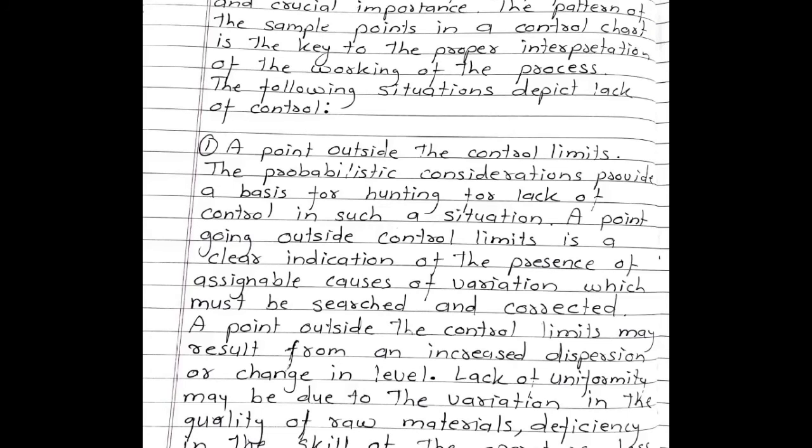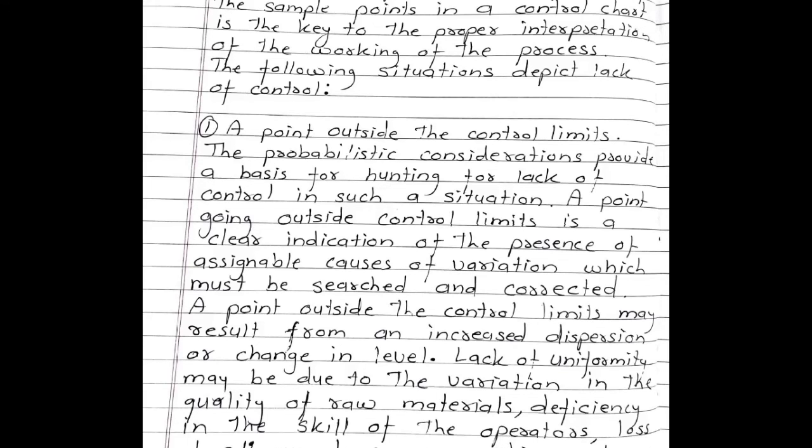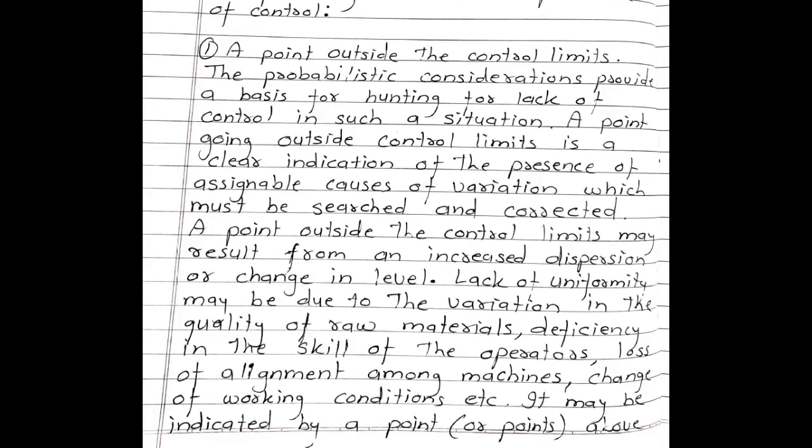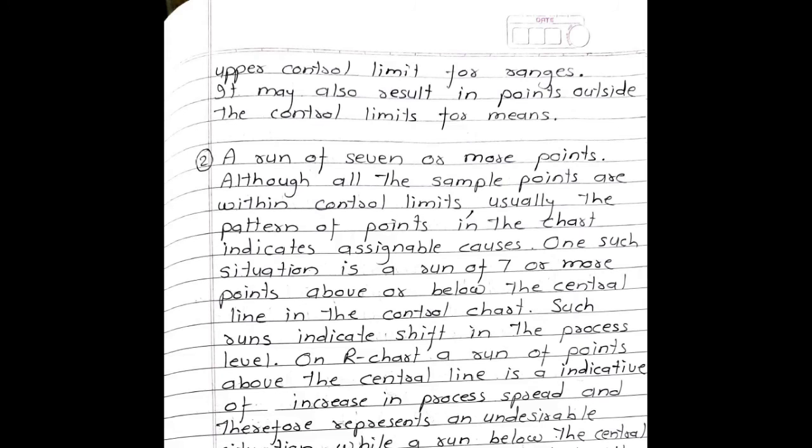Lack of uniformity may be due to variation in the quality of raw materials, deficiency in the skill of the operators, loss of alignment among machines, change of working conditions, etc. It may be indicated by the point or points above the upper control limit for ranges. It also results in points outside the control limits for means.